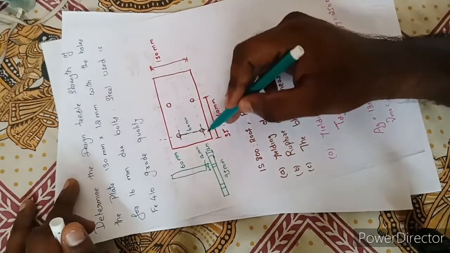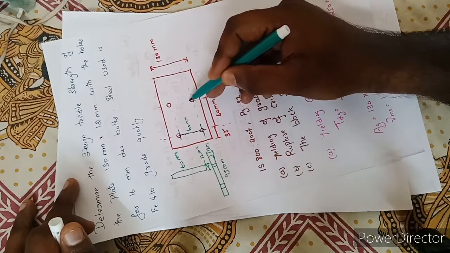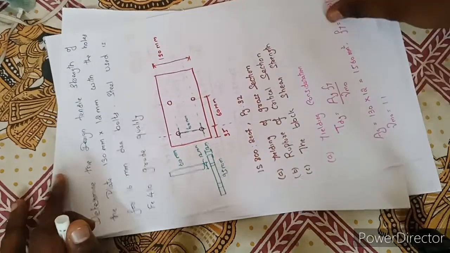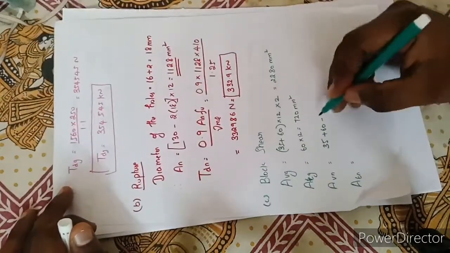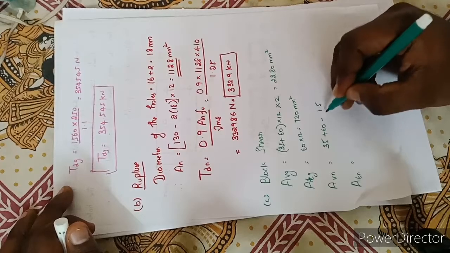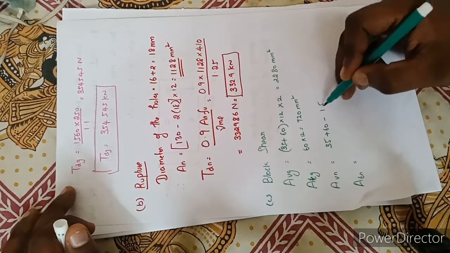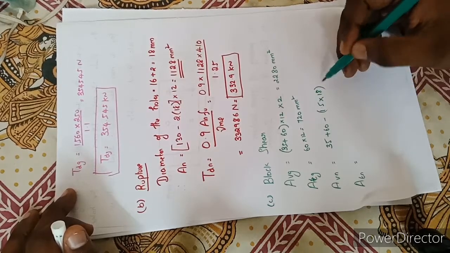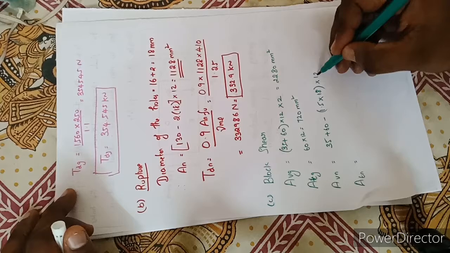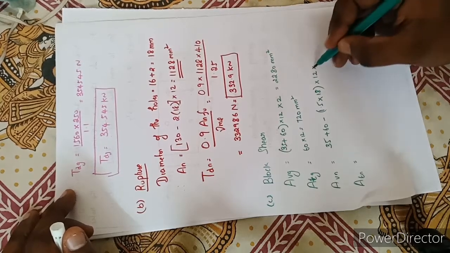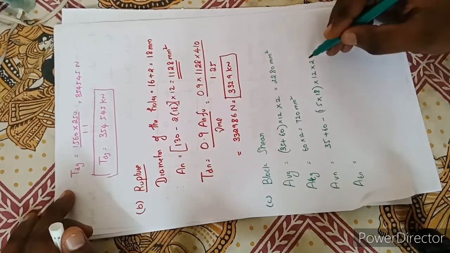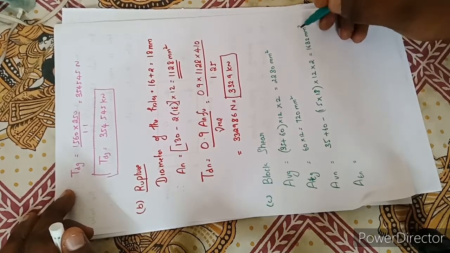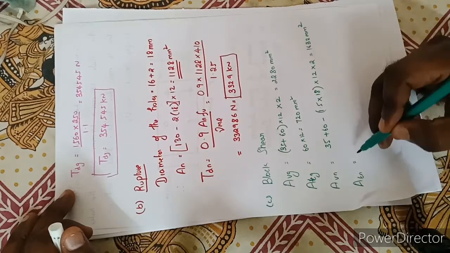Here we have to consider one whole bolt hole diameter and half of the hole, so it becomes 1.5. So 1.5 multiplied by 18, multiplied by 12, the thickness of the plate, multiplied by 2 because we have two shear planes here, which gives 1632 mm square. Okay, next again ATN.